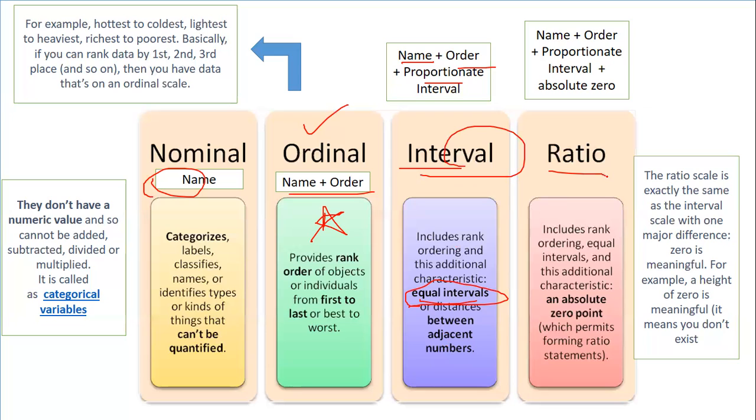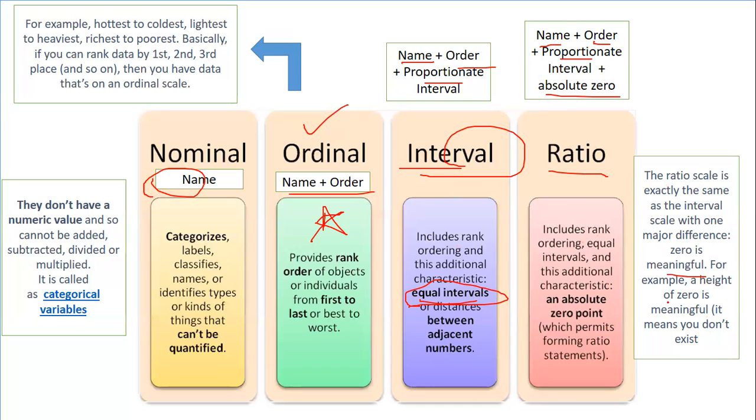And then we have ratio, which indicates the name, the category, the order, the value in equal intervals, as well as an absolute zero. That means zero indicates that it does not exist. So the ratio scale is exactly the same as the interval scale, with one major difference: zero is meaningful.